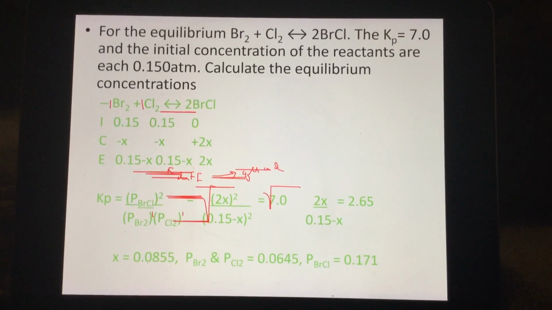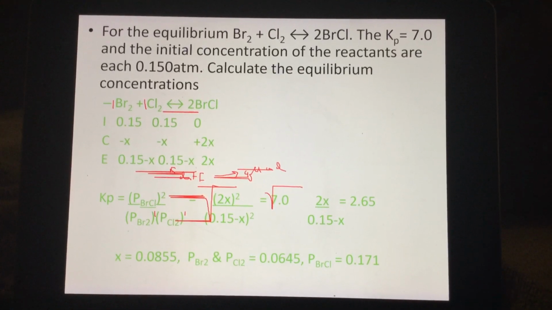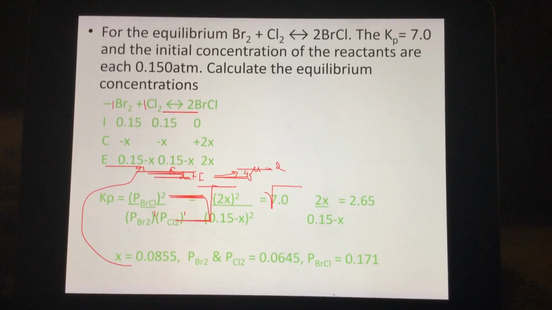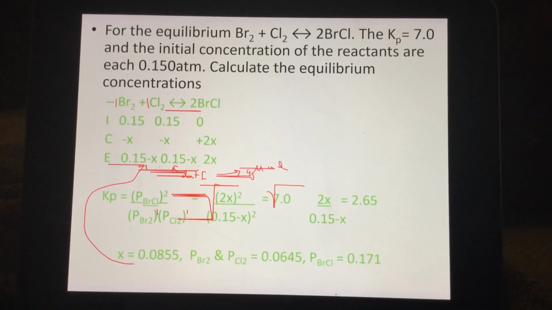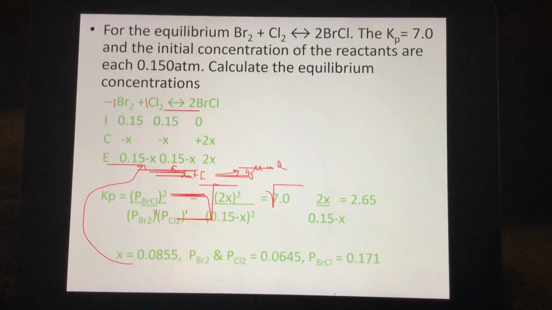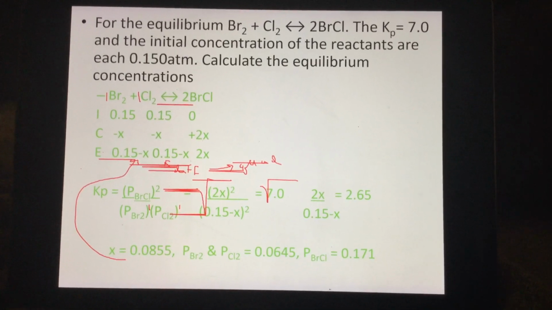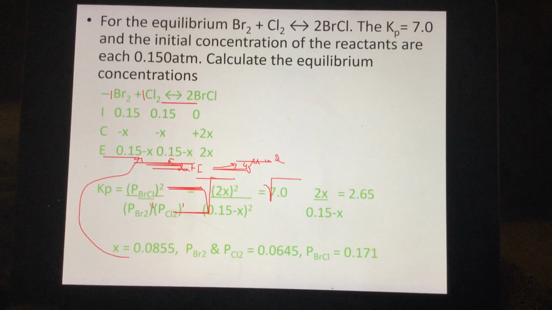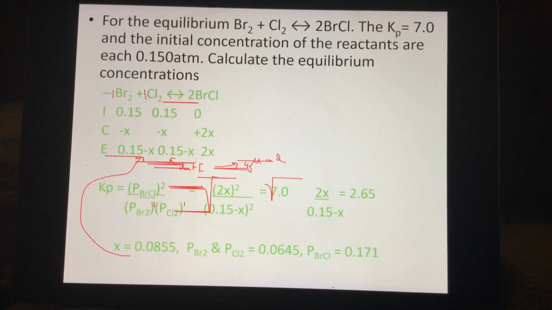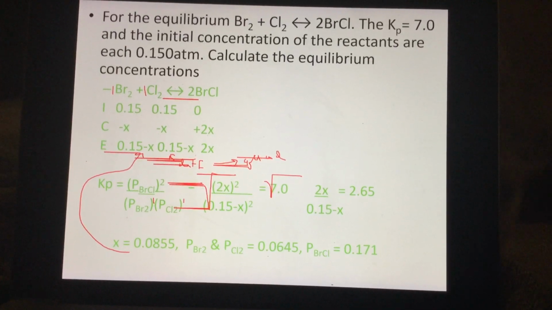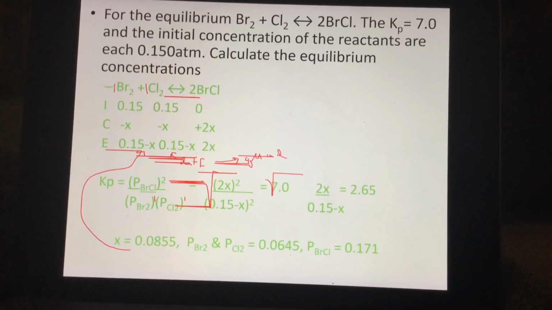So now that we know what x is, we can plug that back in up here with our equilibrium concentrations. And so for the pressure of the bromine and chlorine at equilibrium, we take 0.15 minus the 0.0855, and that gives us an equilibrium pressure for our reactants of 0.0645.